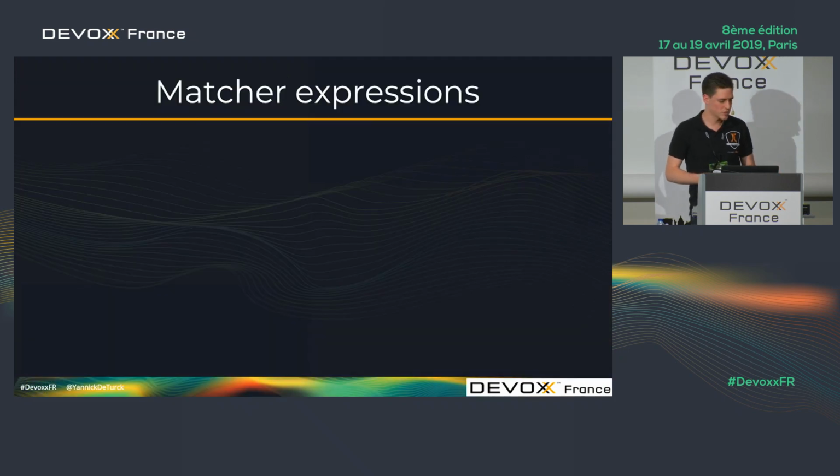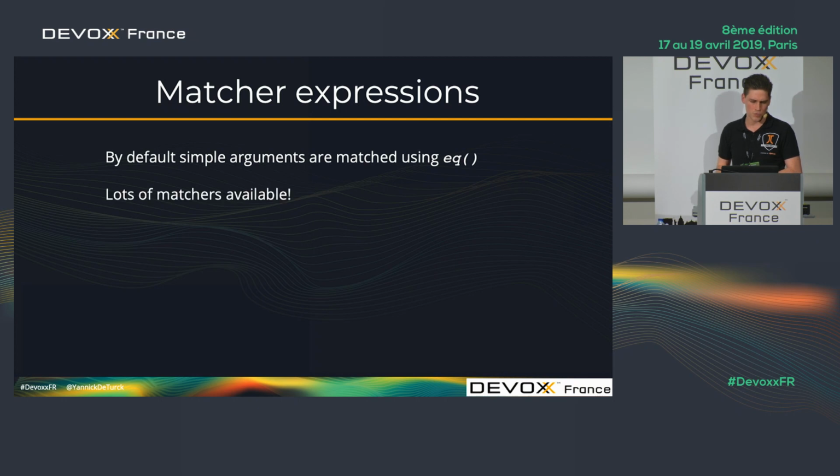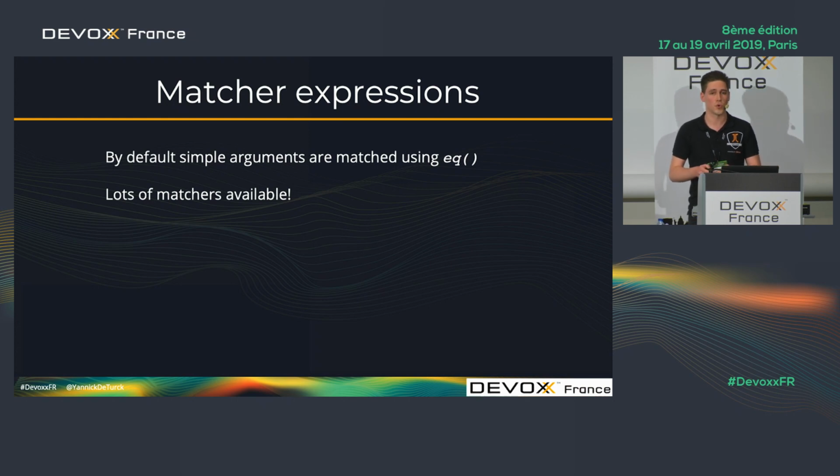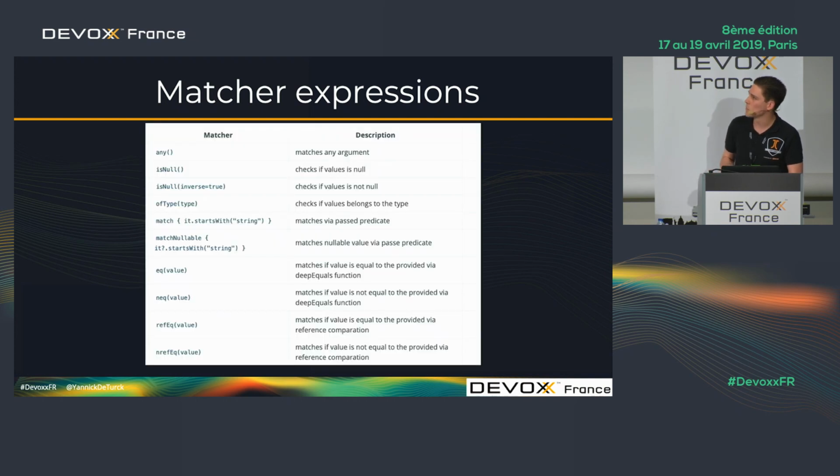Matcher expressions. In the verify block, you might have noticed that eq part, that equals part. You can actually pass a lot of matchers to verify whether your argument falls between a certain range or if it fulfills a certain predicate, and there are a lot of them.